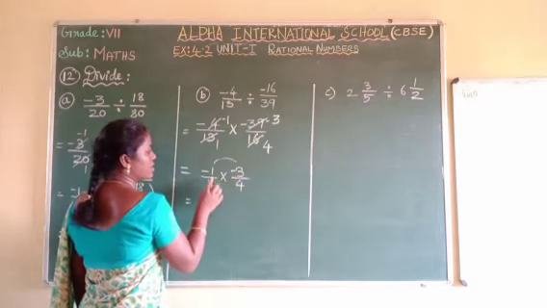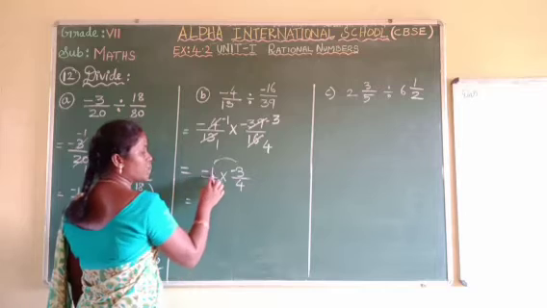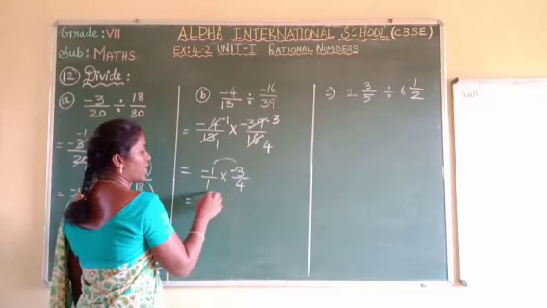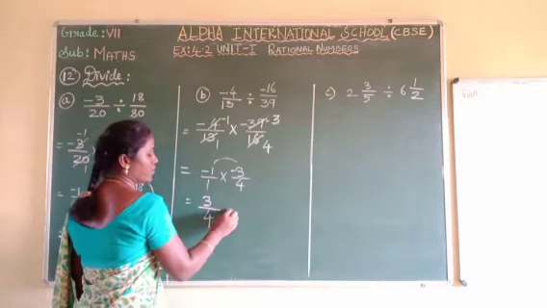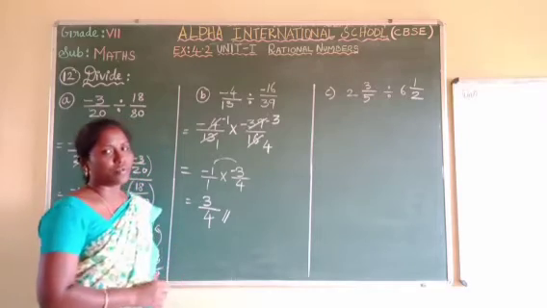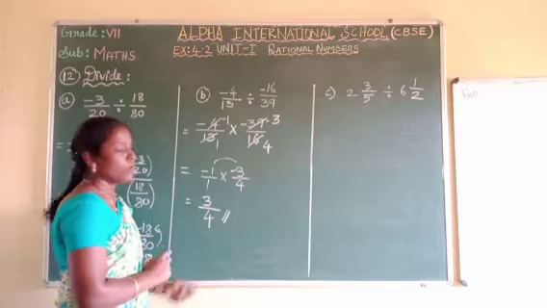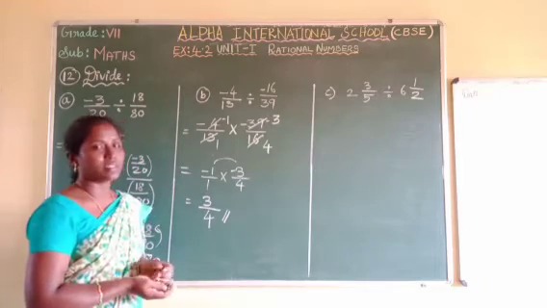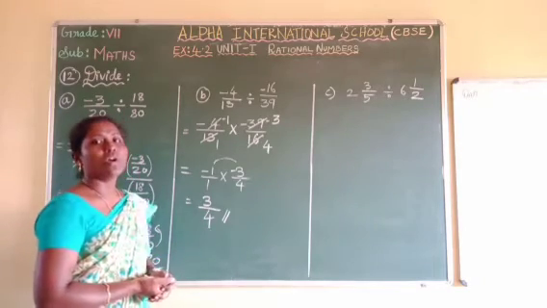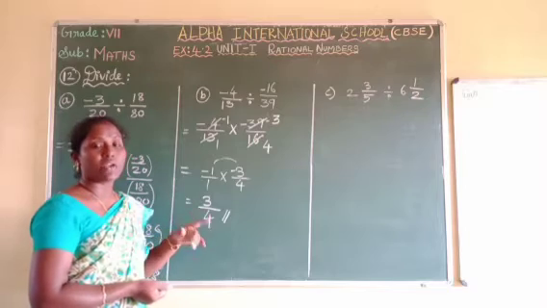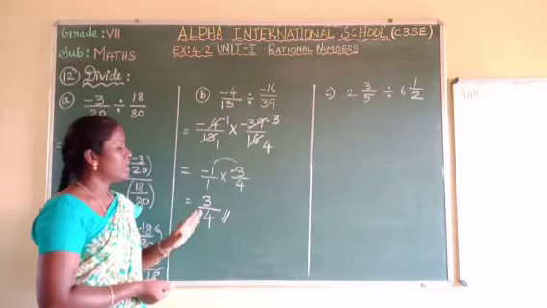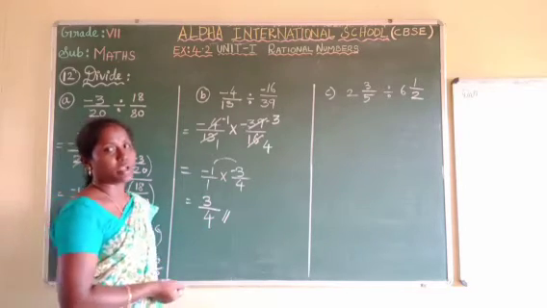If I multiply this, minus into minus will become plus. 1 into 3 is 3. And 1 into 4 is 4. So the final answer is 3 by 4. So if you divide these two rational numbers, we will get the final answer 3 by 4. Whether the answer is in the standard form: the denominator does not have a negative, for both numerator and denominator we have only the common factor 1, and it is in proper fraction format.